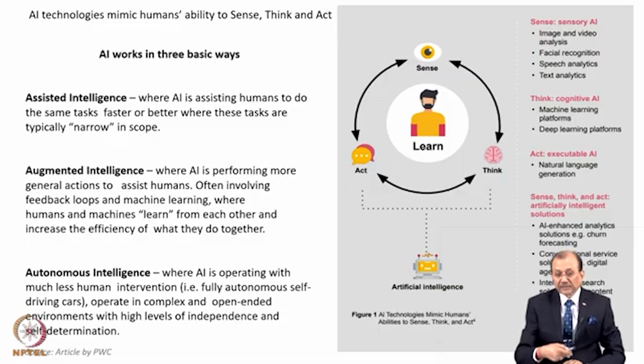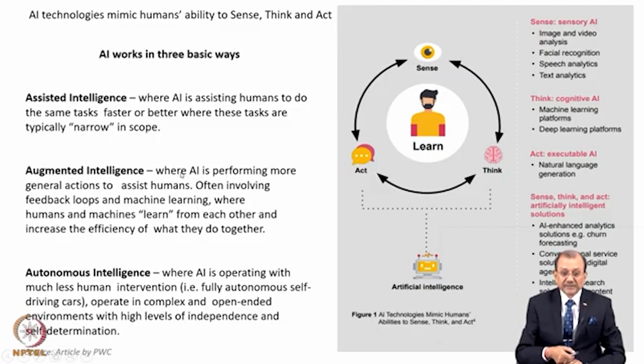As we have seen in that video, AI was assisting the workers to identify faults. Then there is augmented intelligence, where AI performs more general actions to assist humans. We saw how the AI-enabled camera assisted workers in identifying a fault, checking the image against the database, and verifying that this part is all right. That is augmented intelligence.